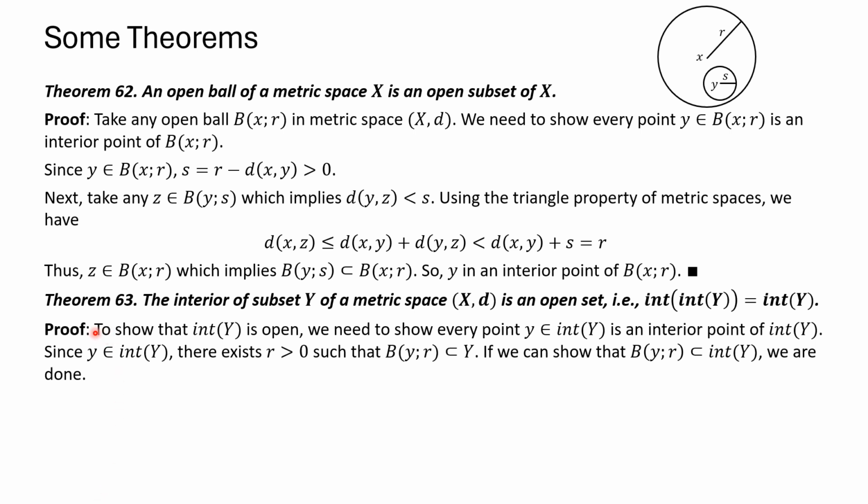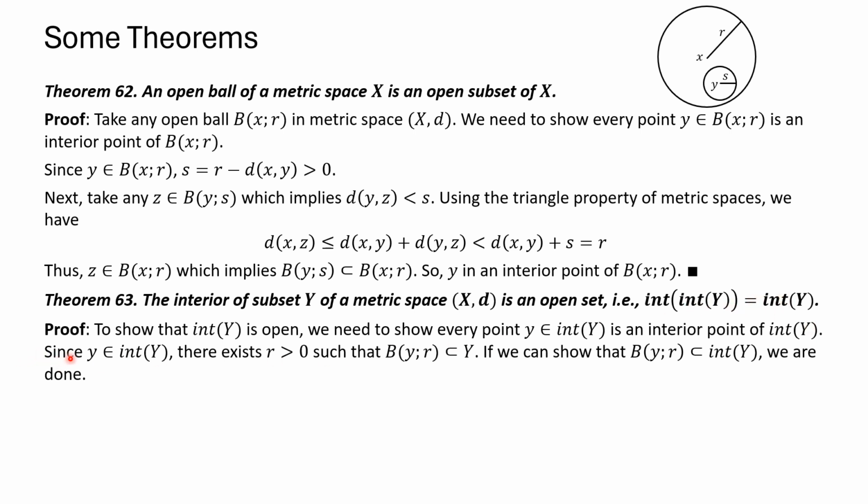So let's do the proof. So to show the interior of Y is open, we need to make use of the definition, which means we need to show that every point y in the interior of Y is an interior point of the interior of Y.